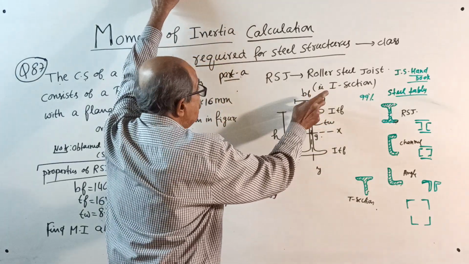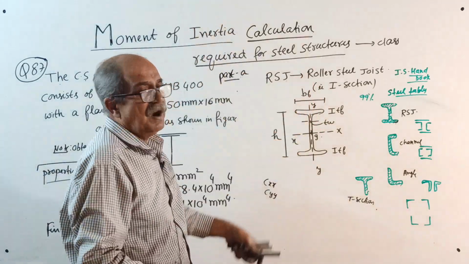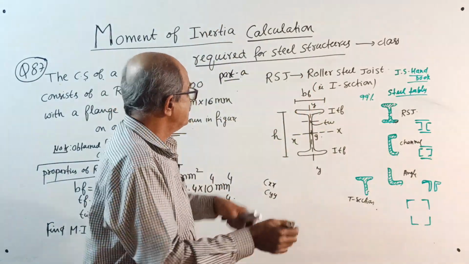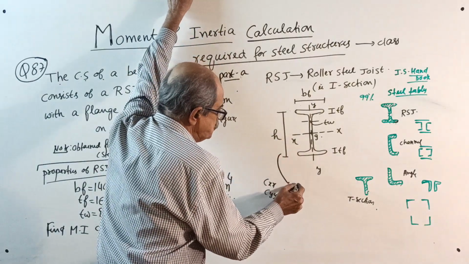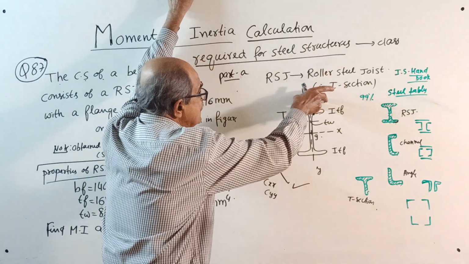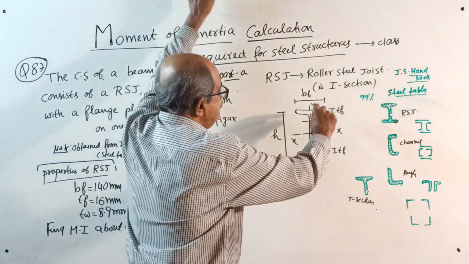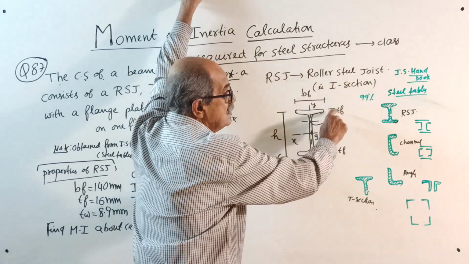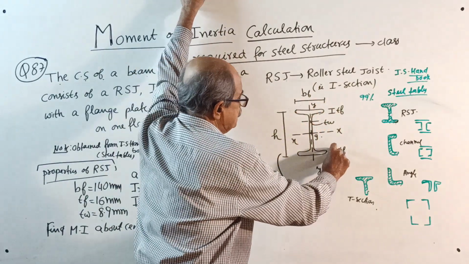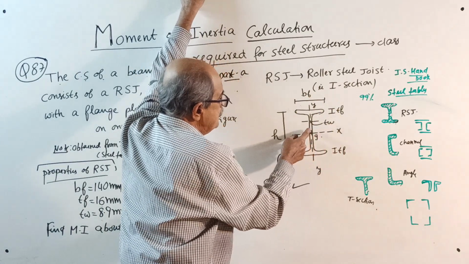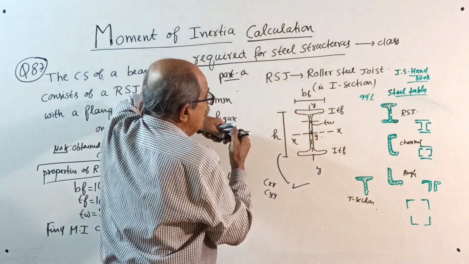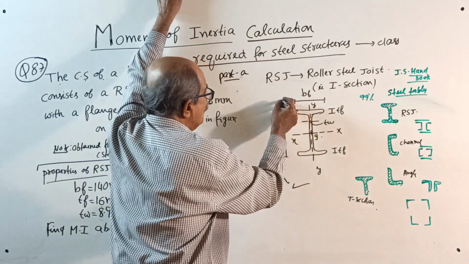What I dictate you should write, if you are interested. BF stands for breadth or width of flange. This is TF, stands for thickness of flange. See here, both are equal. TW means thickness of web. You can make a small note here. See, this is called flange.